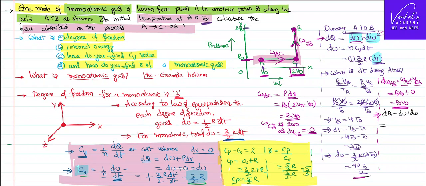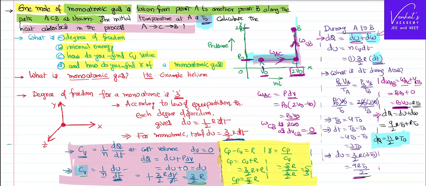In place of dU, 9 by 2 RT0. In place of PV, I can write PV also as RT0 because n equals 1, since PV equals nRT for an ideal gas. As this term is in RT0, I will write this also in RT0. So it becomes 11 by 2 RT0. So we need to supply an energy of 11 by 2 times RT0, where T0 is the temperature at A, so that it will move from A to B. That's how you have to solve the problem.